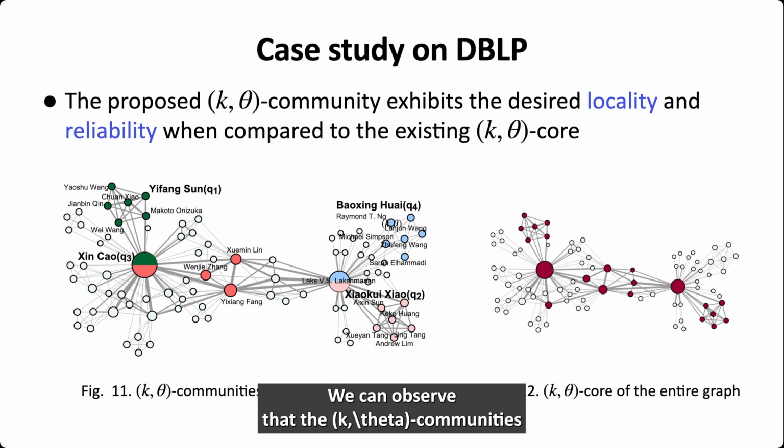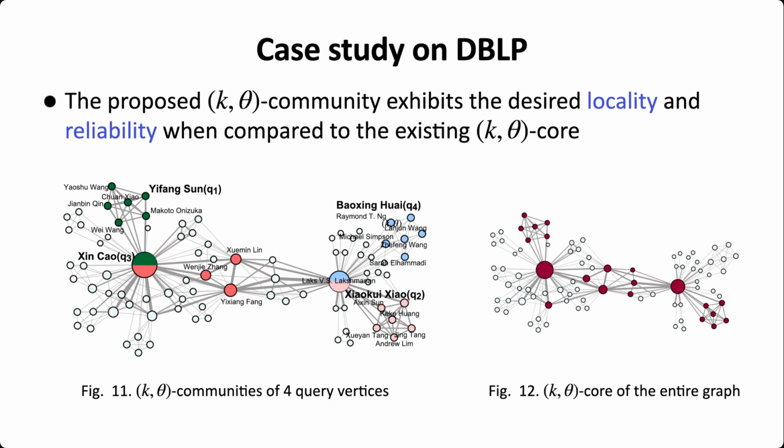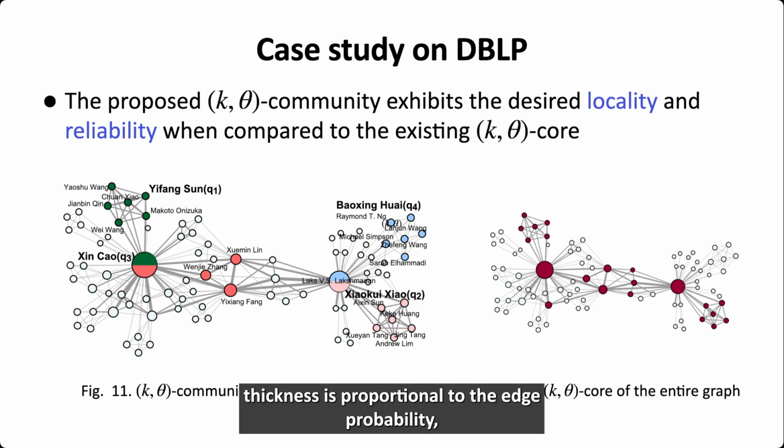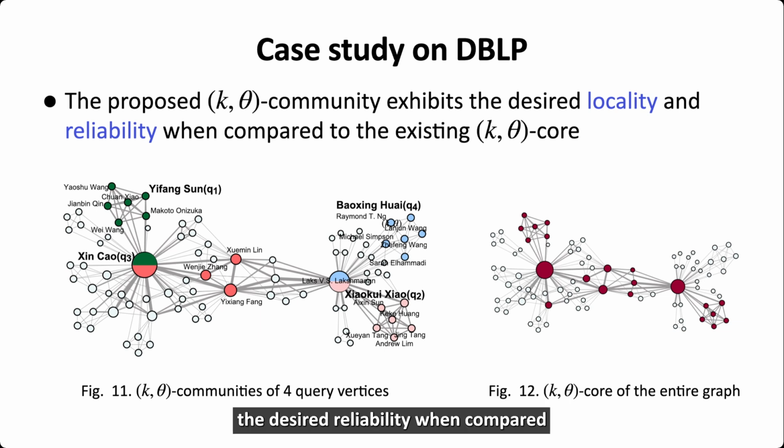We can observe that the k-theta communities are local structures around the query vertex, while the k-theta core in the right figure is more like a global structure. Besides, since the edge thickness is proportional to the edge probability, the results demonstrate that the proposed k-theta community exhibits the desired reliability when compared with other definitions.